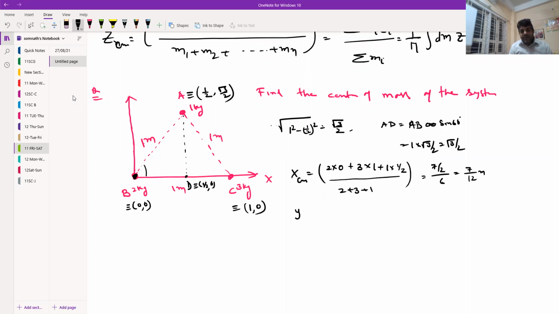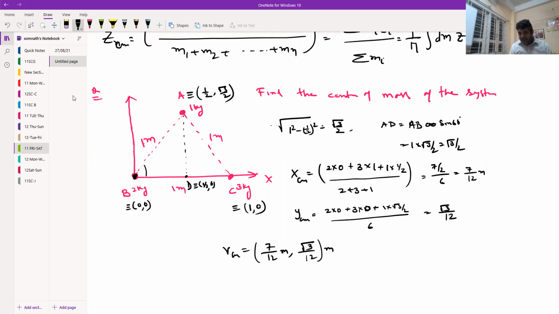Similarly, y center of mass, that is 2 into 0 plus 3 into 0 plus 1 into root 3 by 2, by 6. So what we have? Root 3 by 12. So my R CM is 7 by 12 meter, comma, root 3 by 12 meter.